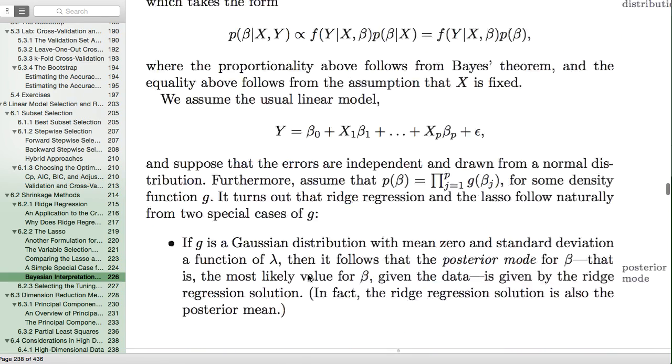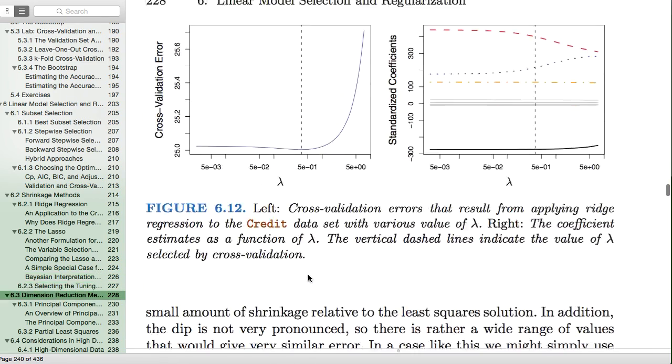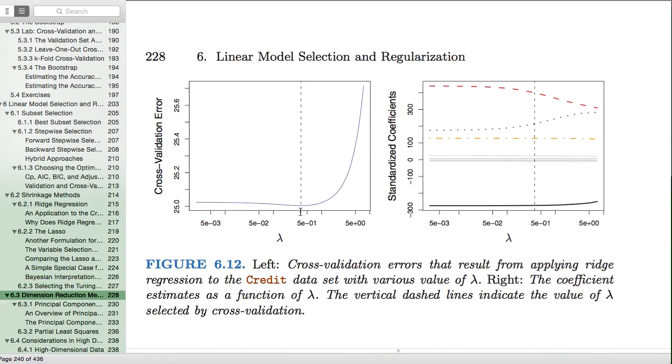No, I guess there's not. Okay, that's the only picture of it. Here's where it chose a value of lambda, and notice that this is the credit data, not that Cook data set that I was just mentioning. So here are the coefficient estimates.